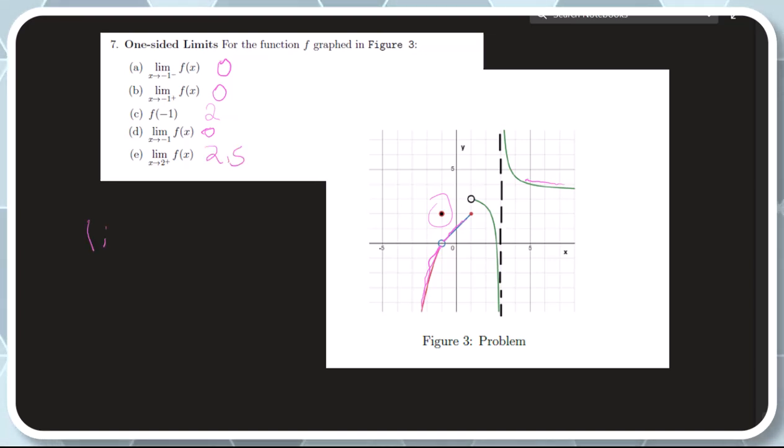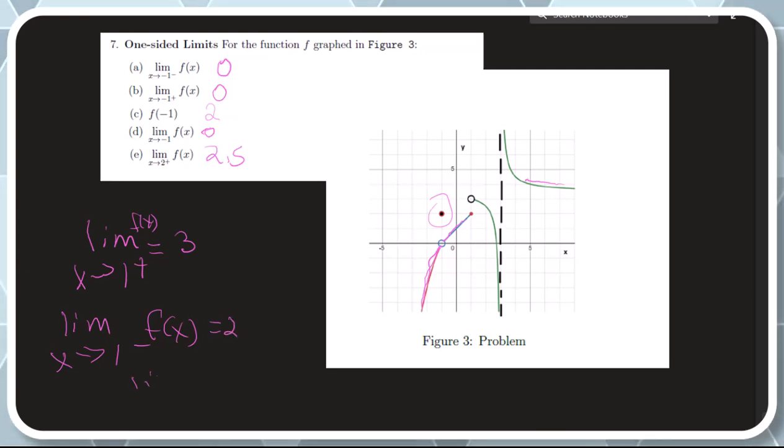But let's just look at some others. Let's look at the limit as x approaches 1 from the right. As I approach 1 from the right, the value is 1, 2, 3. The limit as x approaches 1 from the left of f of x is 2. So the limit as x approaches 1 does not exist.